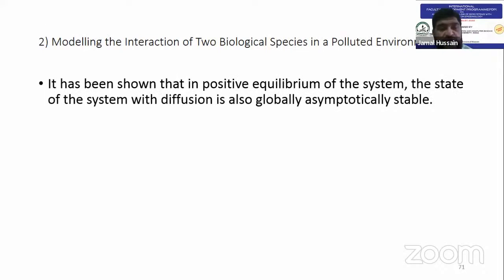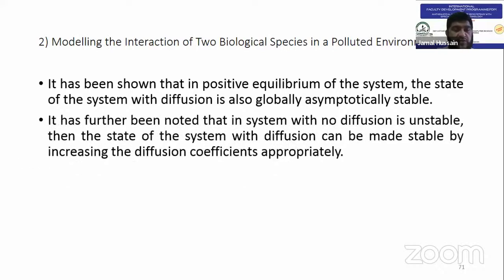It has been shown that in positive equilibrium of the system, the state of the system with diffusion is also globally asymptotically stable. So I'm not going into the explanation of global stability, asymptotic stability. Those interested can find out from the literature.